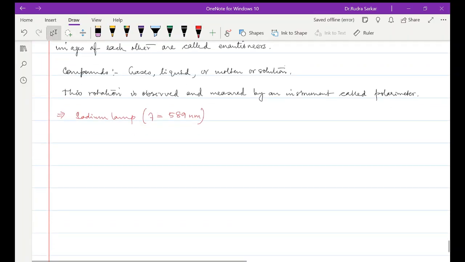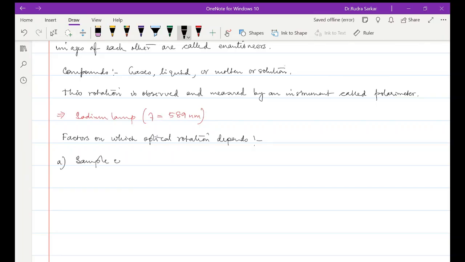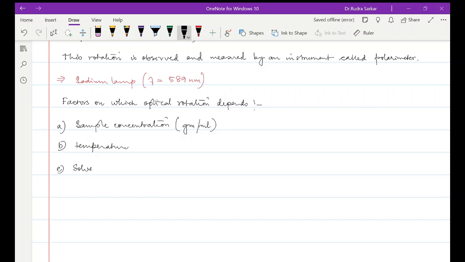Now, what are the factors on which the optical rotation depends? So let's say factors on which optical rotation depends are going to be the following: sample concentration that we have taken, and that is expressed in gram per milliliter, the temperature at which the experiment is being conducted, the solvent that has been used, the wavelength of light, that means the light source itself.